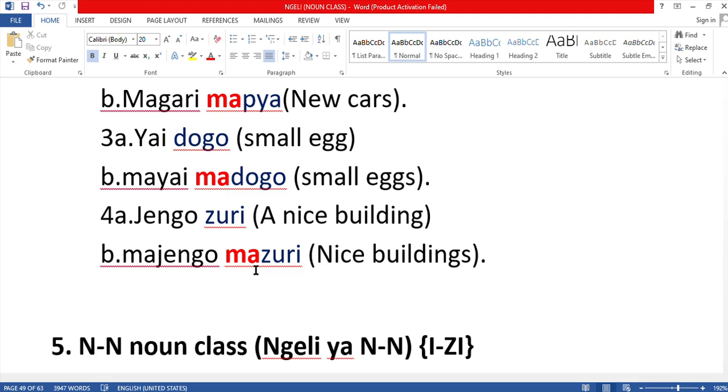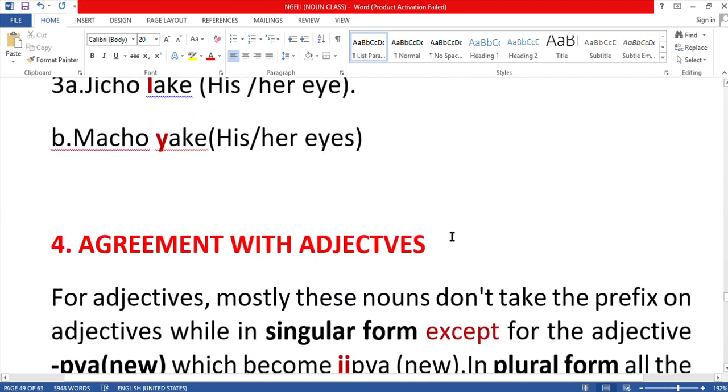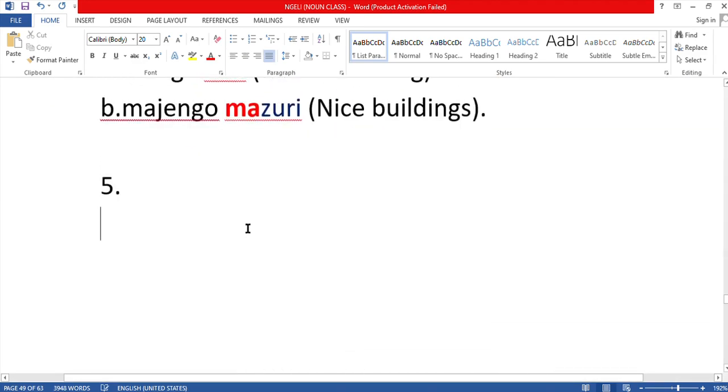We are going to the agreement with the relative clauses. You see the relative clauses. Now here I'll have to write. This is part 5.